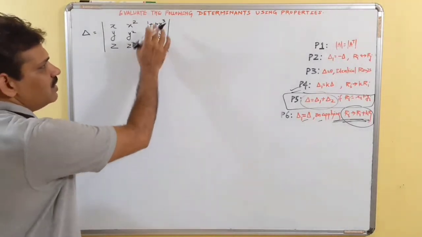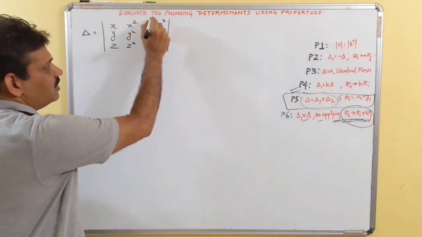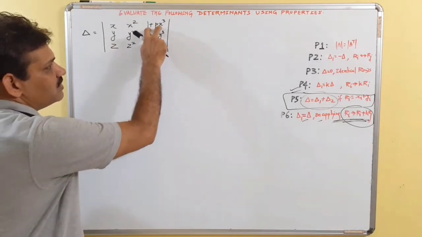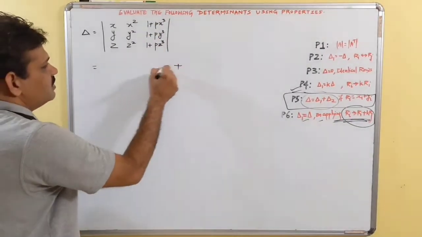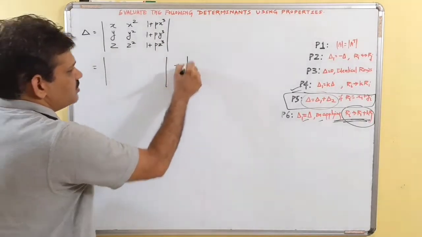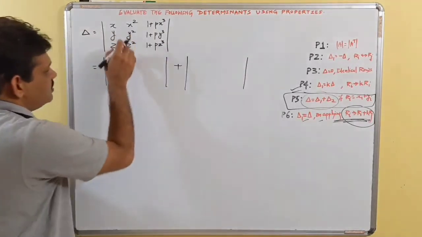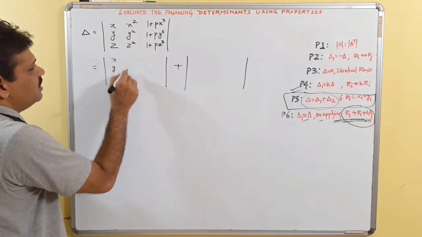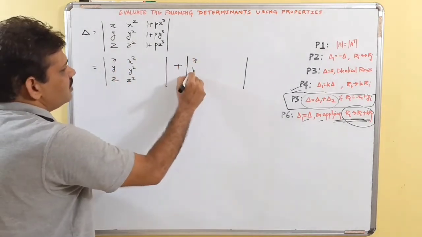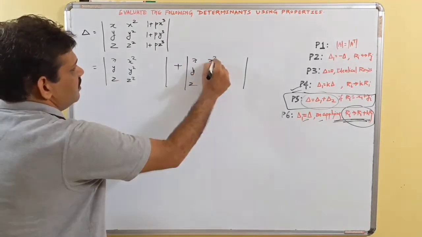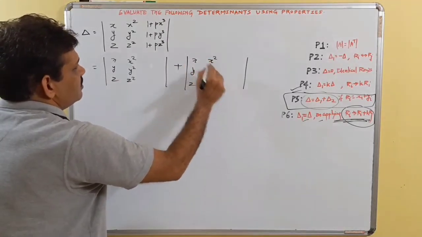So here we see that the elements of column 3 are expressed as the sum of 2 terms. So we will split this determinant into 2 parts, out of which first and second row will be the same, x, y, z, x square, y square, z square. Here also x, y, z, second is same, x square, y square, z square.